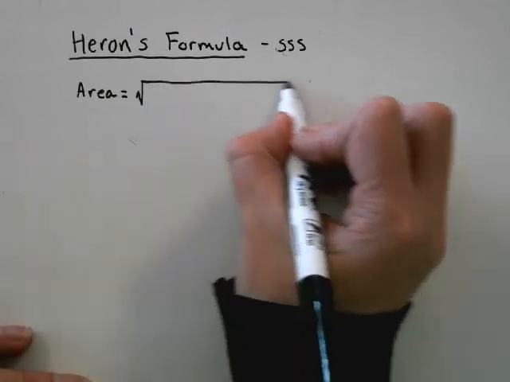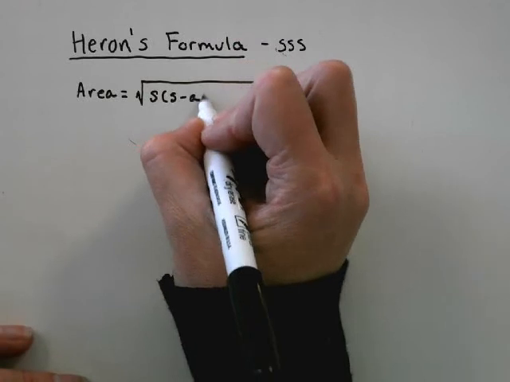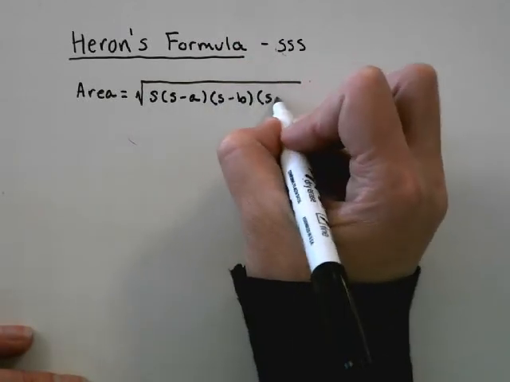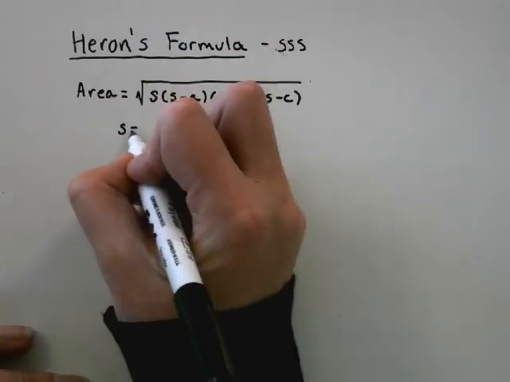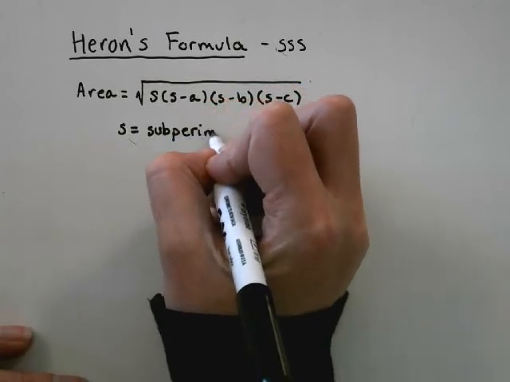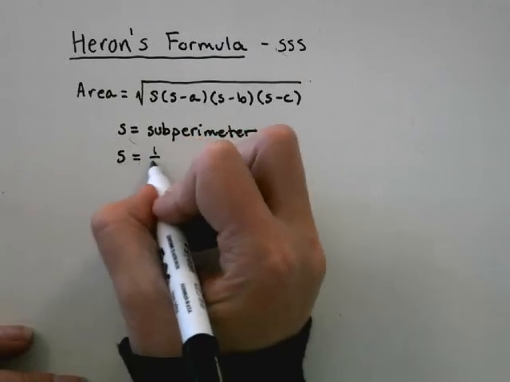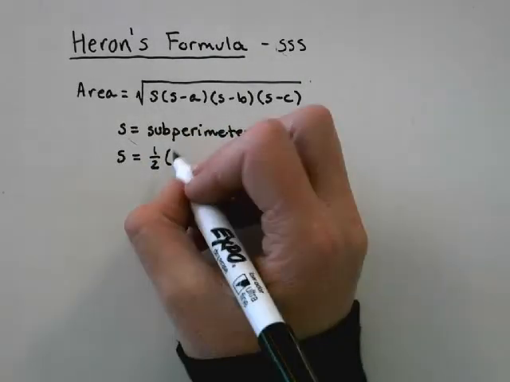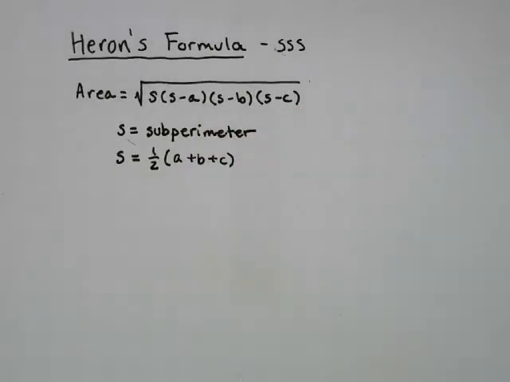So we're going to have the square root of S times S minus A, S minus B, S minus C, where S is the semi-perimeter, which is going to be half of the perimeter. So the A, B, and C are the sides of the triangle, so the semi-perimeter is going to be half of A plus B plus C.